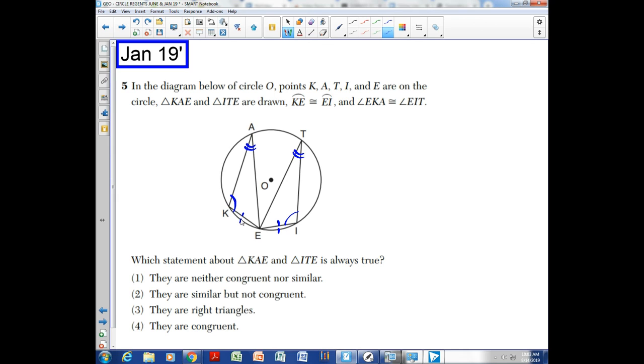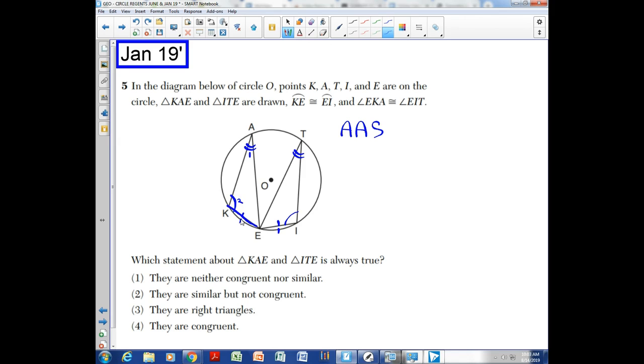So now, if I just look at one of these triangles, what I have is an angle and then the next consecutive angle, and then a side, right? If I put a little 1 here, you'll see what I'm talking about. Angle 1, angle 2, and then this side, right?